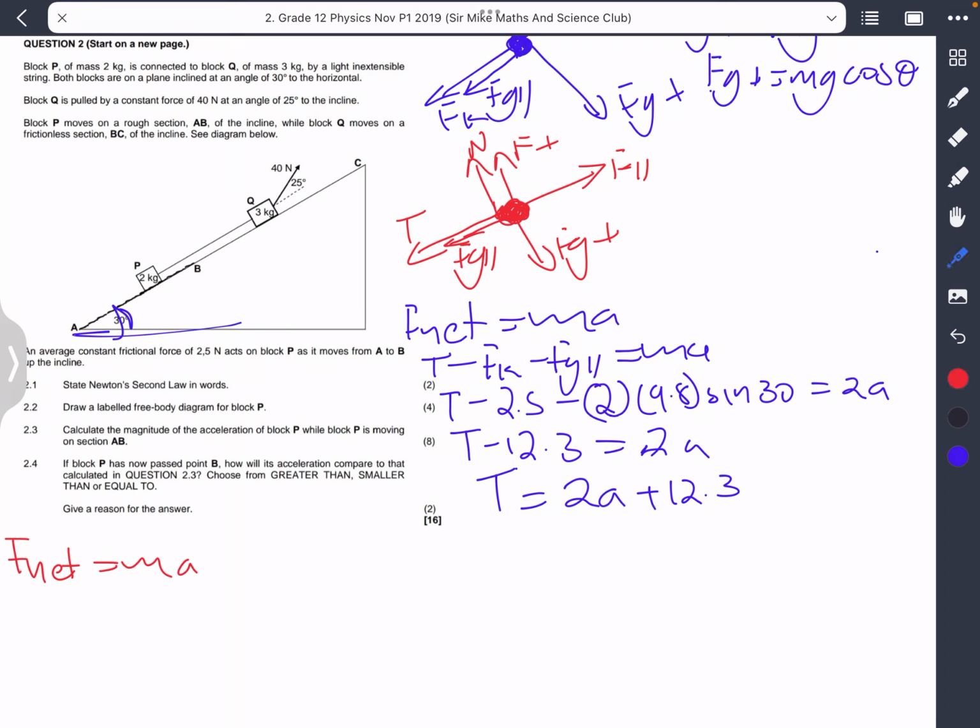So I'm going to take the sum of all these forces that I have here. I would have F parallel minus tension minus Fg parallel, and that should be equal to MA.